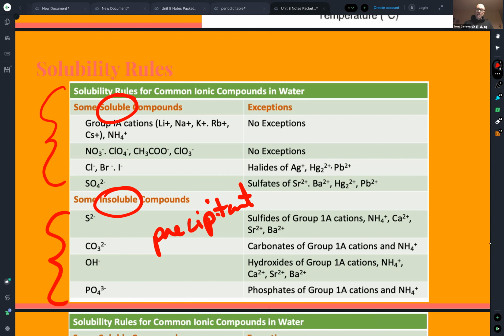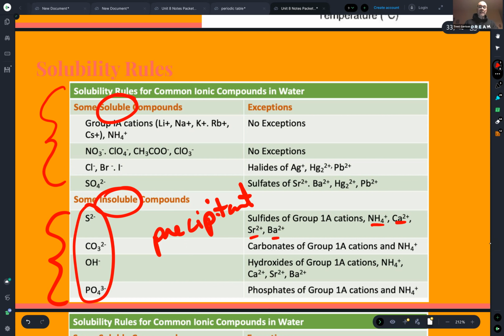So now here's what you need to understand. These materials on the left are the ones that are insoluble. They combine with these over here, and there's an exception to the rule. So in other words, if I have magnesium sulfide, notice none of the materials listed over here are magnesium.